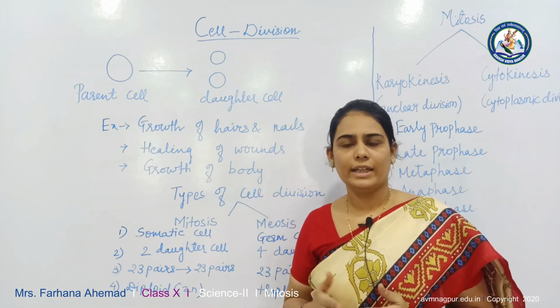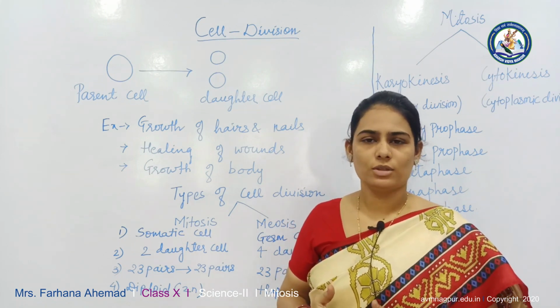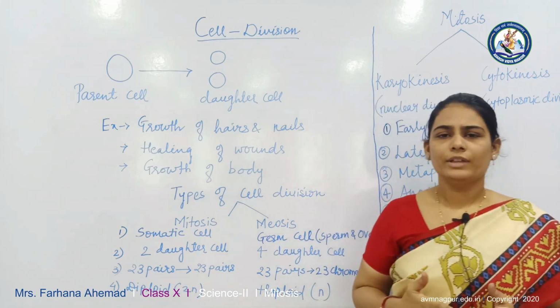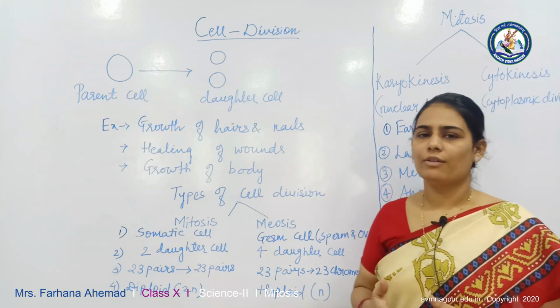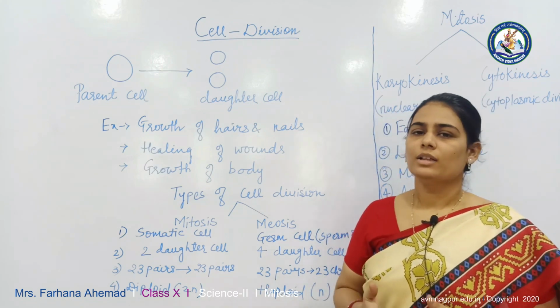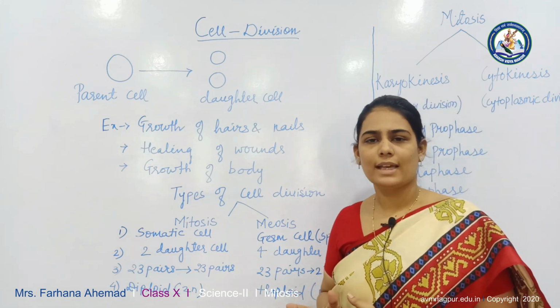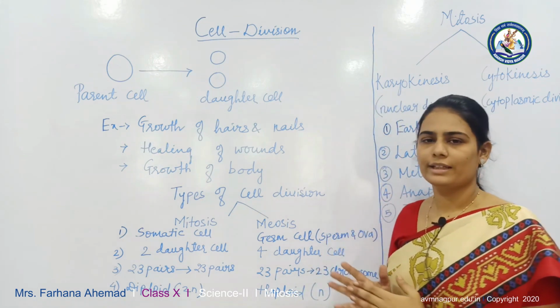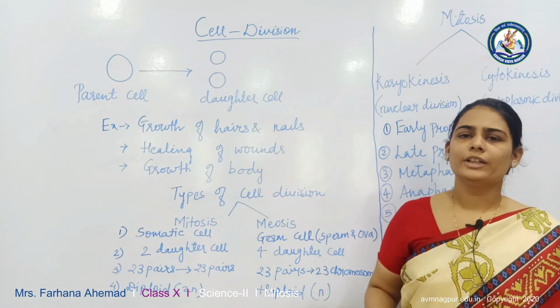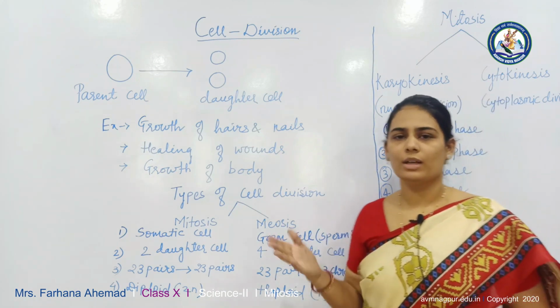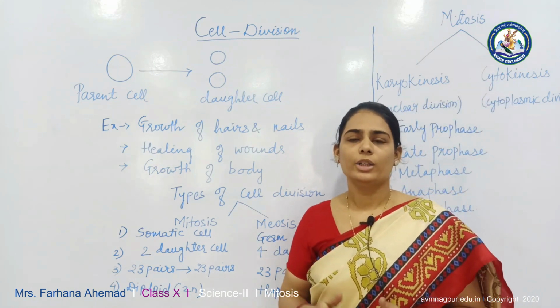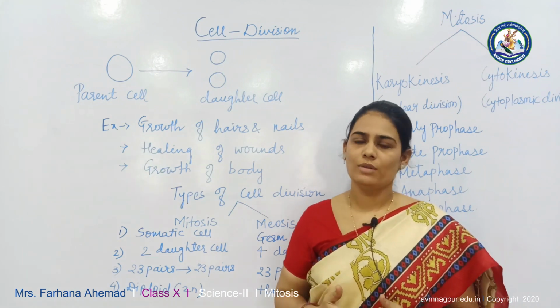Growth of hair and nails occurs due to cell division. When we have wounds, after 4 or 5 days the wound heals itself. How does this happen? Because of cell division. Also, an infant's body grows up and develops into an adult one. That is also because of cell division.